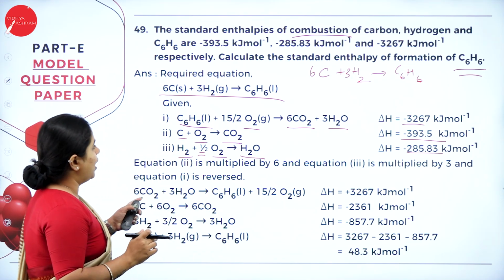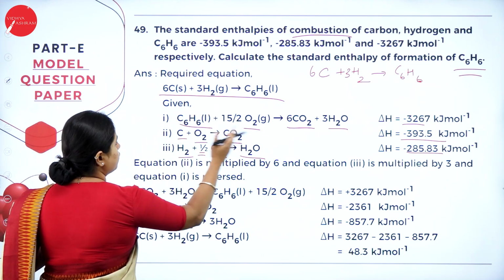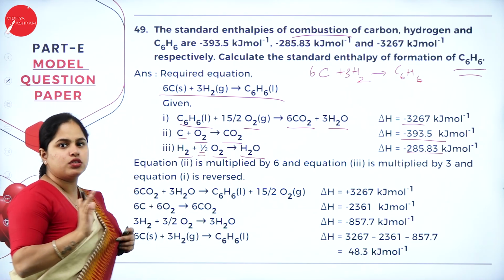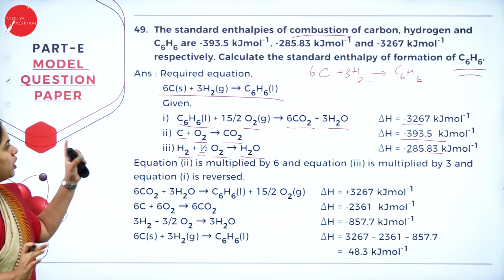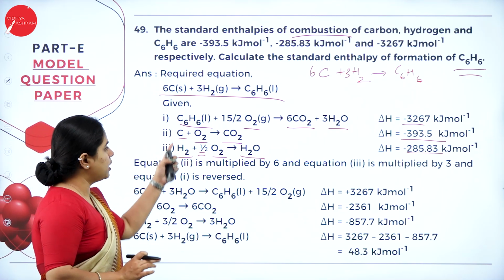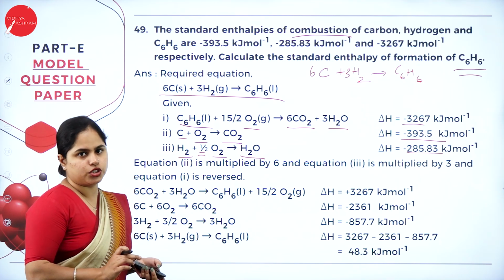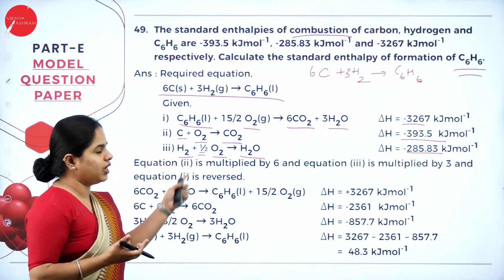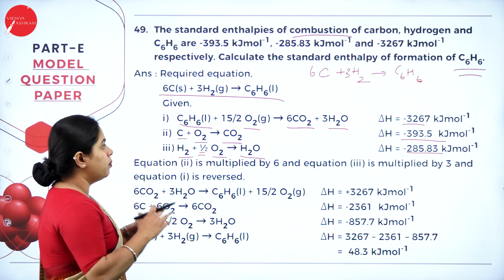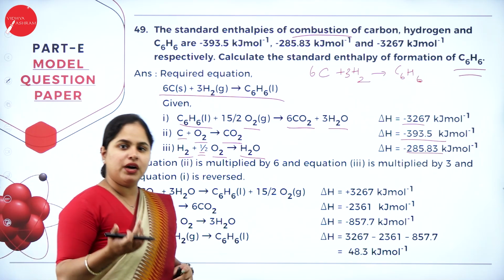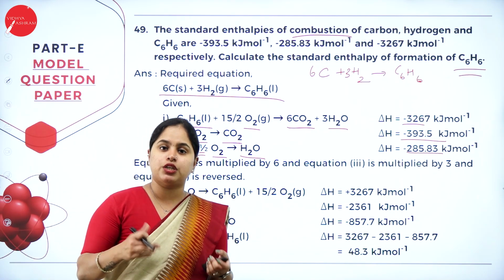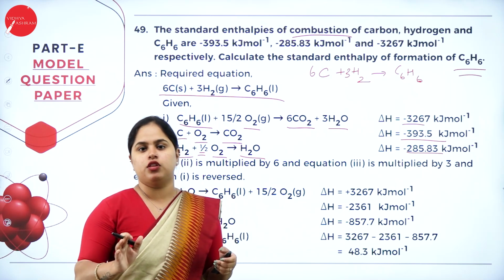So this is the value of combustion of benzene, combustion of carbon and combustion of hydrogen. This much is what you have to do first: write the required equation and the equations which are given in the question. Here, these three equations were not given, so you have to form the equations. But in certain cases, the three equations that you need will already be given in the question.